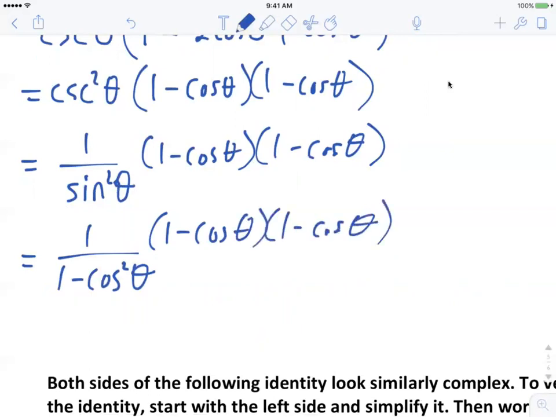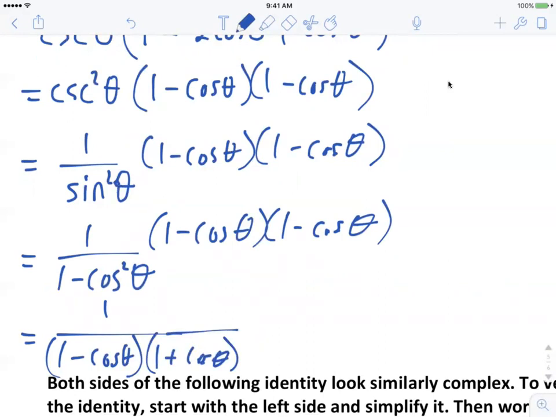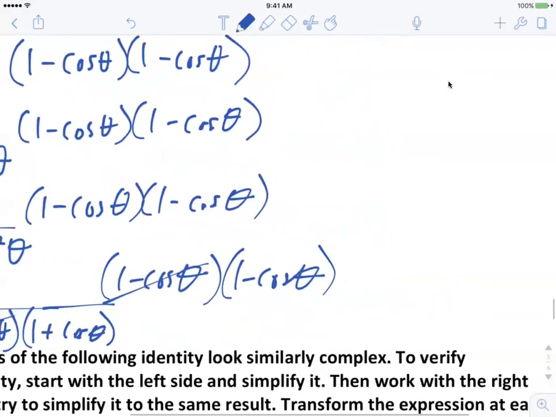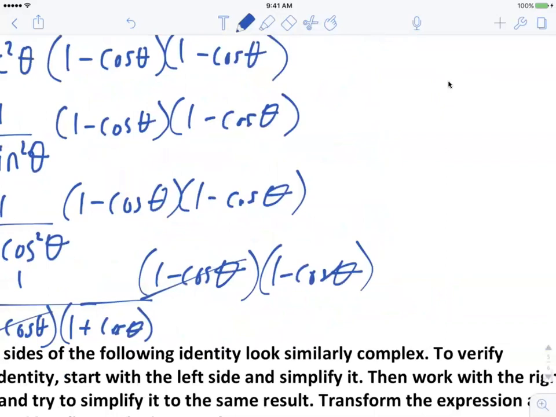And as we've seen before, you can actually factor those into 2. So that's 1 minus cosine, 1 plus cosine, and that factors algebraically. All right, now we can maybe remove something. Yeah, 1 minus cosine would be removed, and then when the dust settles, I have a 1 minus cosine up top and a 1 plus cosine at the bottom.